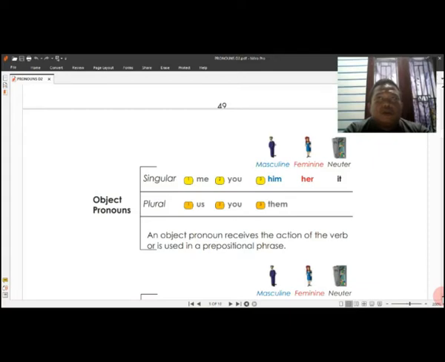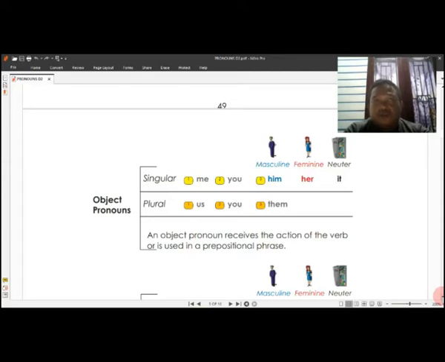For example, Diana gives Julie a book. Let's see the subject. The subject is Diana. If you want to change it into a pronoun, it becomes a subject pronoun. So Diana is she. She gives Julie a book, right? And then we want to change Julie into a pronoun too.